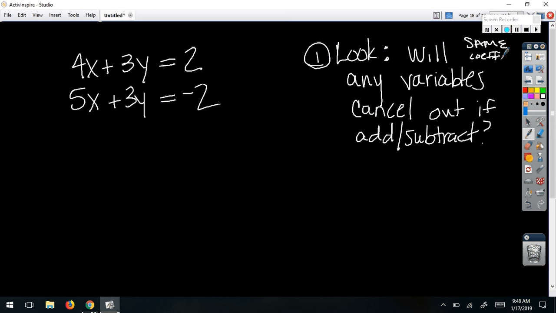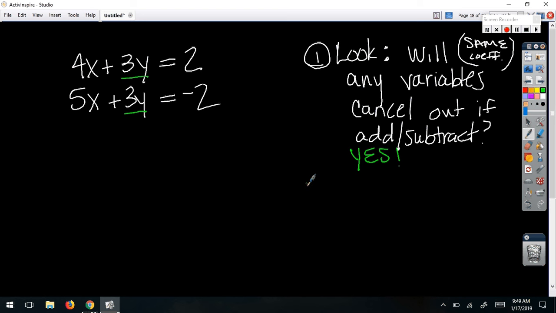A coefficient is the number in front of the variable. Don't worry about positive or negative just yet, but do any of the variables have the same number in front of them? The y's do. Do you see that? The y's are the same. So in this case, yes, the y's are the same.